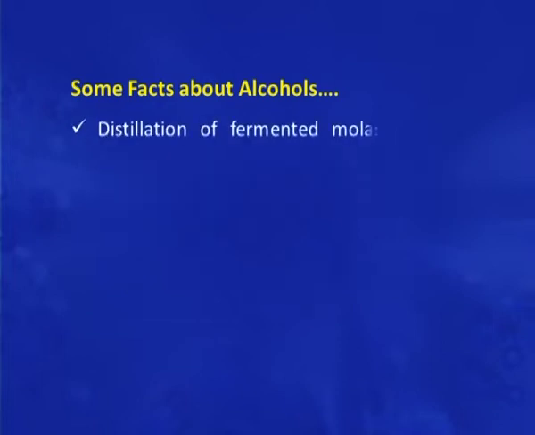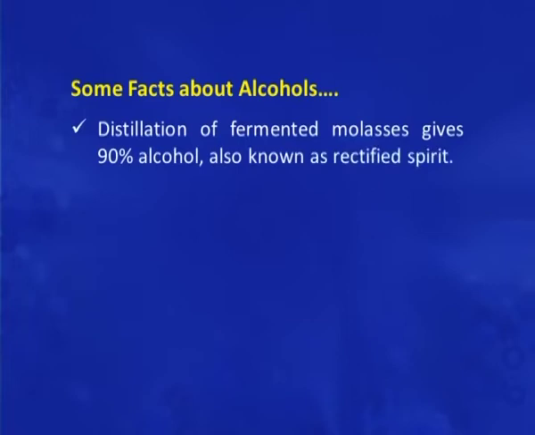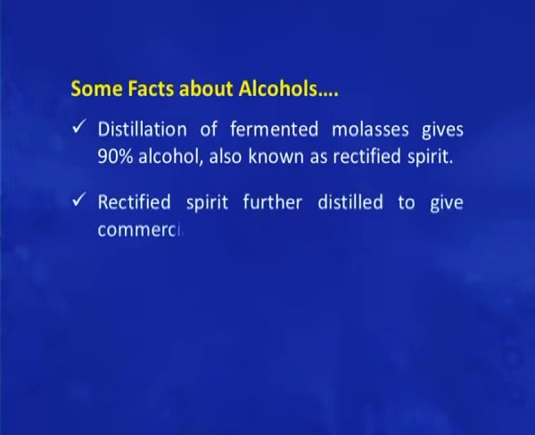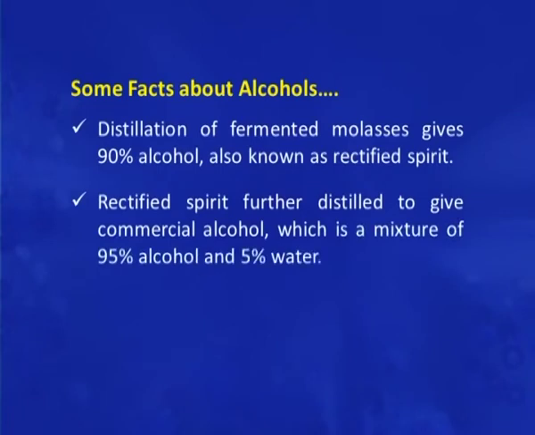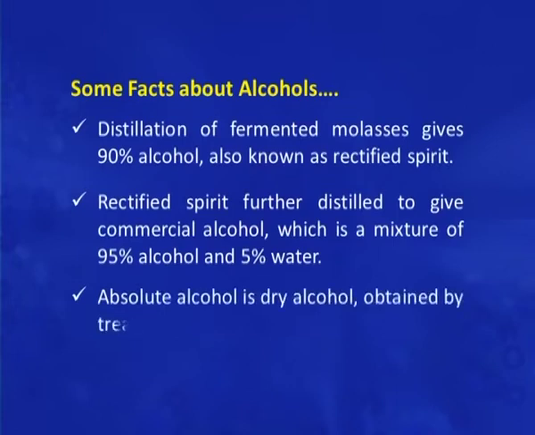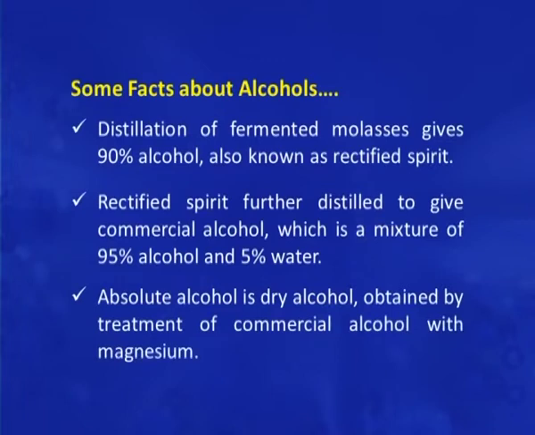Distillation of fermented molasses gives 90% of alcohol, also known as rectified spirit. Rectified spirit further distills to give commercial alcohol, which is a mixture of 95% alcohol and 5% water. Absolute alcohol is dry alcohol obtained from the treatment of commercial alcohol with magnesium.